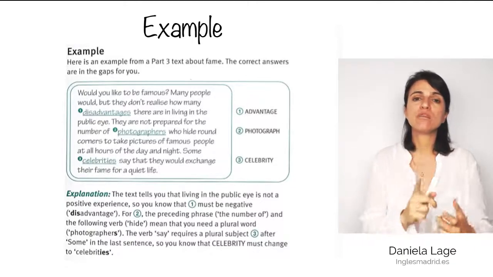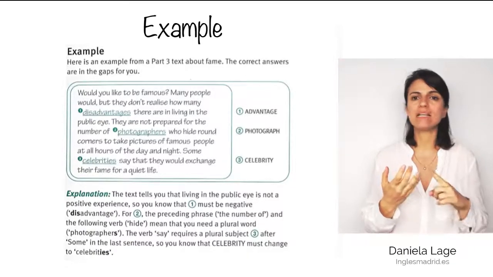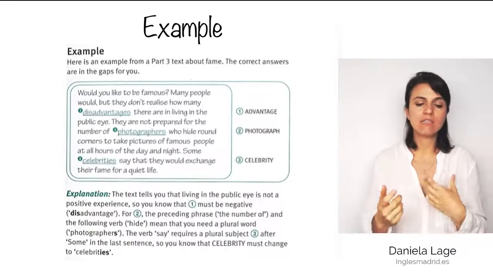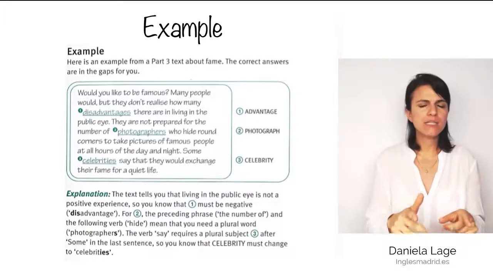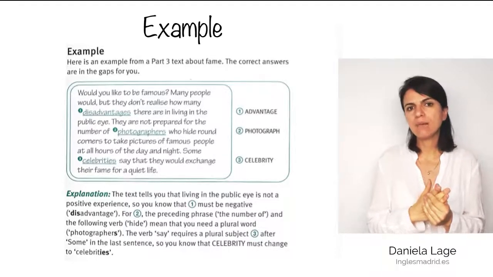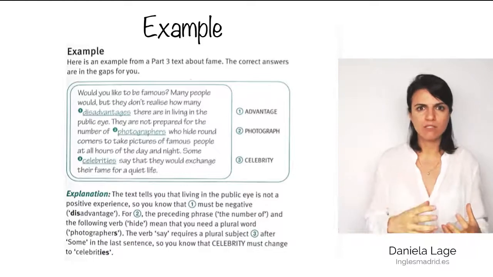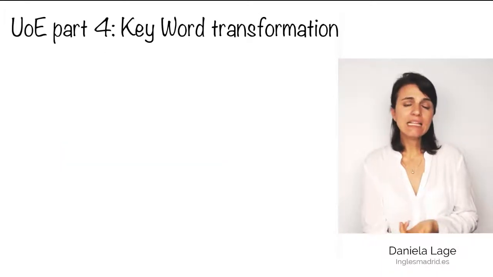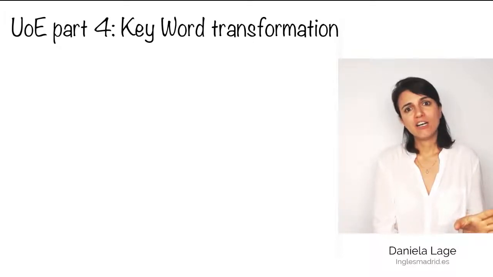And remember to write the plurals. Pay attention to plurals and singulars, always, always. And then the last one is celebrities. I have to tell you, this example is not so great because you don't always have these transformations from noun to noun. Sometimes it's harder than that. And then the last part.